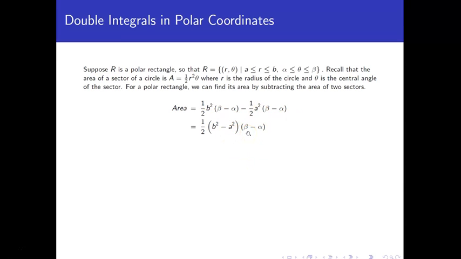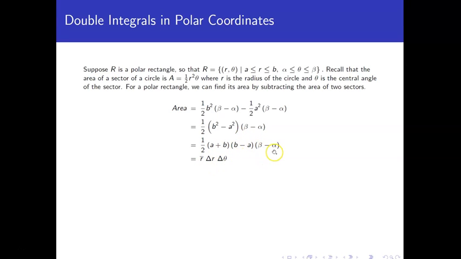I can factor out a beta minus alpha and a one half. I can factor b squared minus a squared, which is a difference of two squares. Notice here that this is the average of the two radii, one half times a plus b. B minus a is the change in the radius, so I'm going to refer to that as delta r.